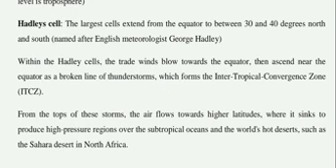From the tops of these storms, the air flows towards higher latitudes where it sinks to produce high pressure regions over the subtropical oceans and the world's hottest deserts, such as the Sahara Desert in North Africa.